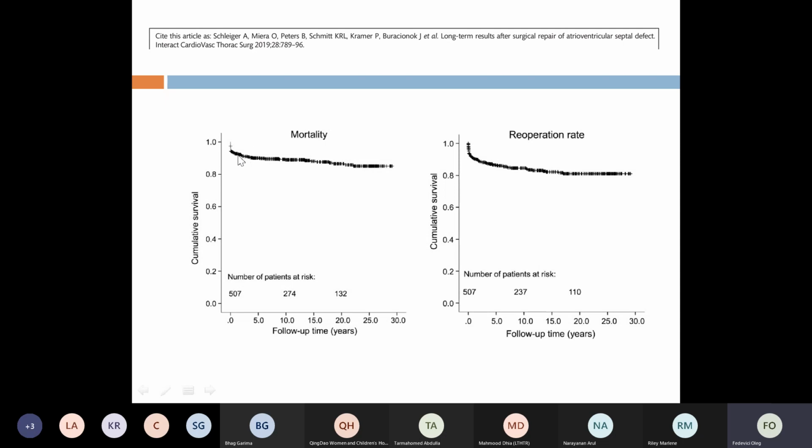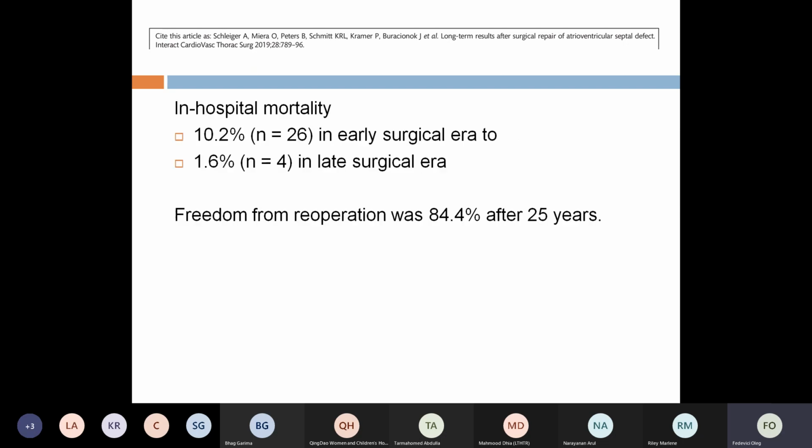And you've got mortality for this group of 500 patients over the 30 years time. It's quite big follow-up, and reoperation rate, it's almost the same. And they analyzed risk factors for that. We'll go on the next slide for that.